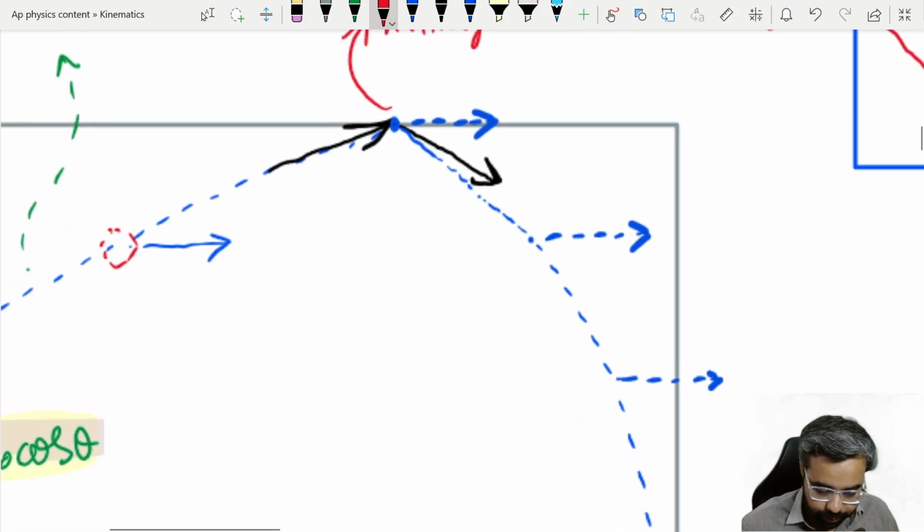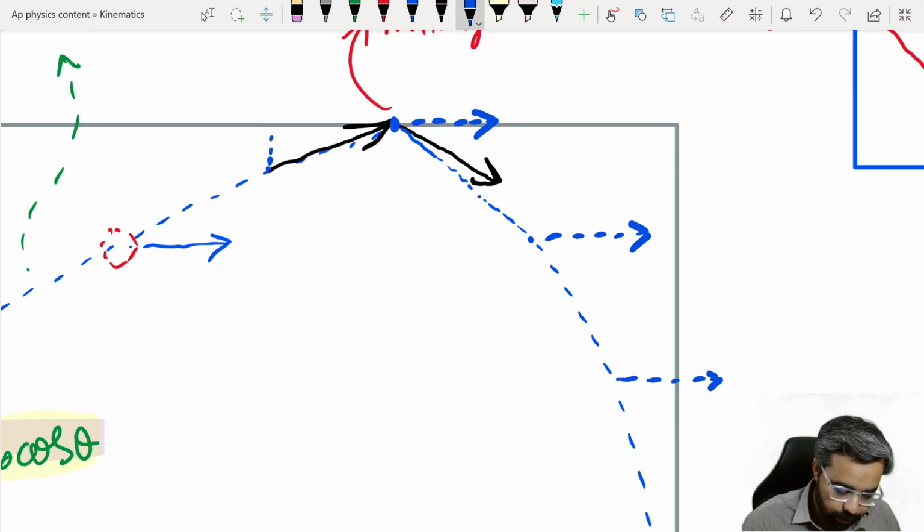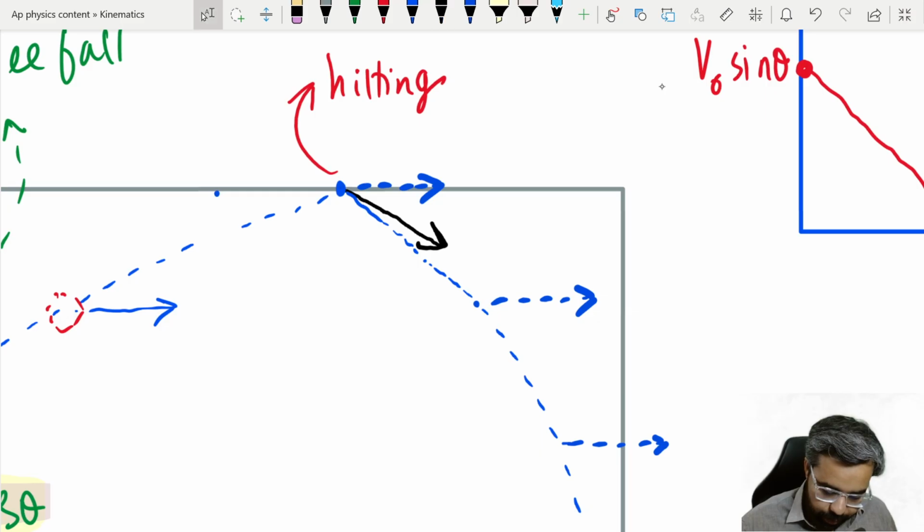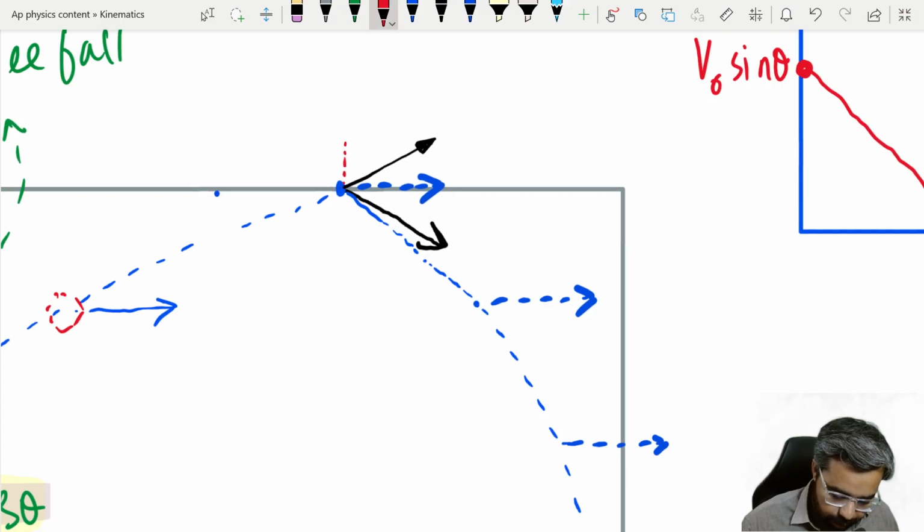If I make the components, then we see that this is the vertical component of the velocity before hitting, just before hitting.